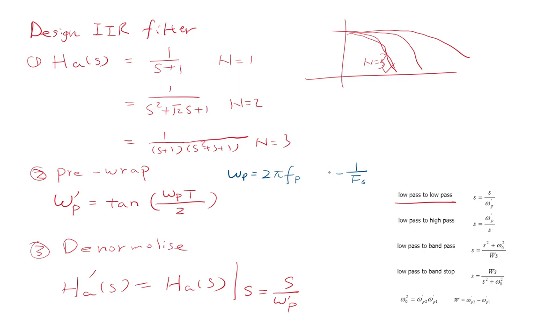So we can change this one to a different form. This one equals tangent of 2 pi fp over 2 fs. That'll be the same thing.